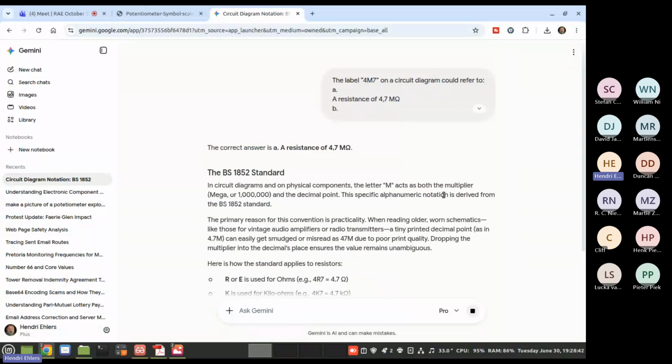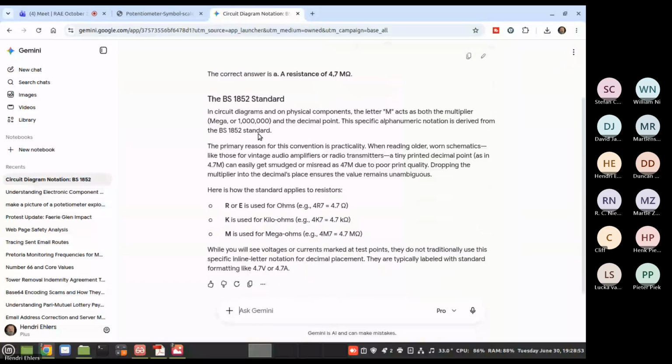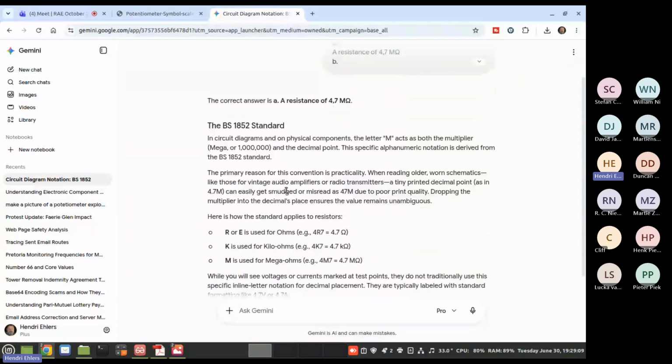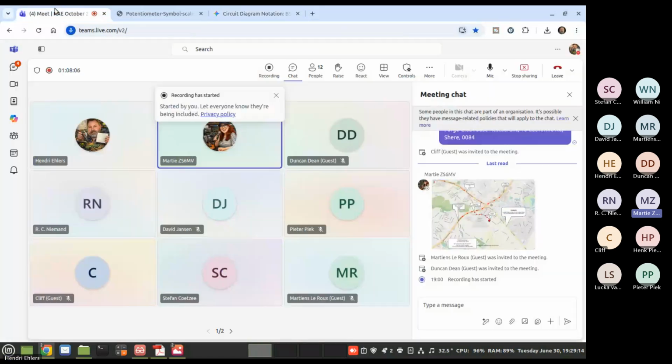Okay, I am wrong. The AI says that it refers to a resistor. My AI, Gemini, says that the answer is A, it refers to a resistor. That is also the answer that the SARL will be looking for.